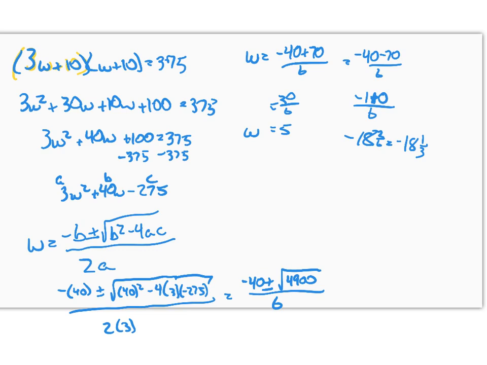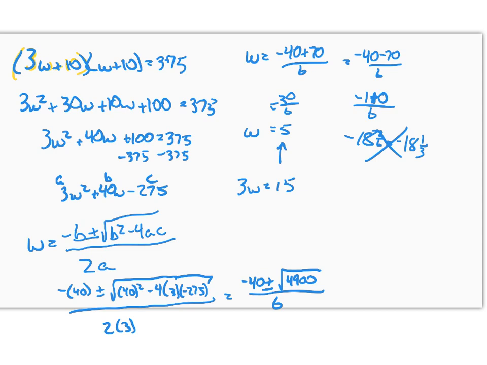So here's the problem. You cannot have a negative distance, so our W is 5. So the width of the garden is 5 feet, going back to our original thing. The length of the garden is 3W, which is 15 feet.